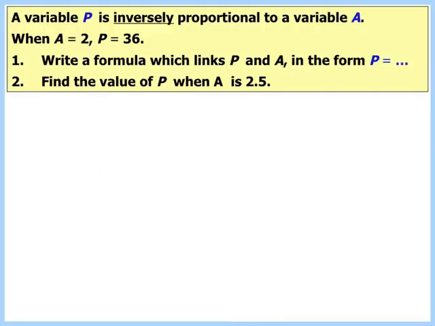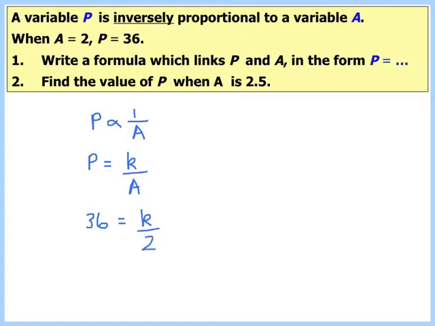To make it a little bit more difficult, a variable p is inversely proportional to a variable a, so same process. P is inversely proportional to a, and therefore p equals k over a. So now we just need to insert the numbers into here. So p is 36 and a is 2.